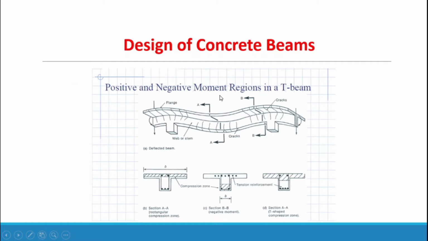And for the positive and negative moment regions in a T-beam, the flange at the connection or the joint of the beam will have cracks at the flange area, while the cracks at the web or stem are at the midspan of the beam.